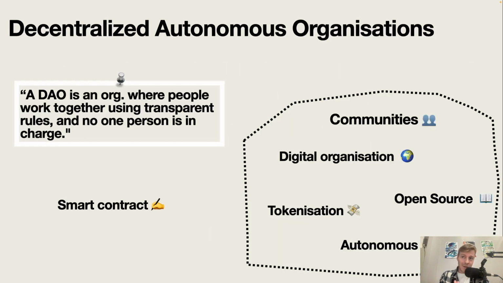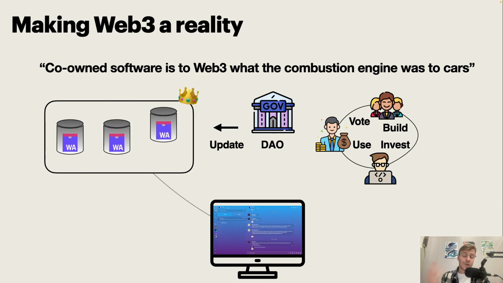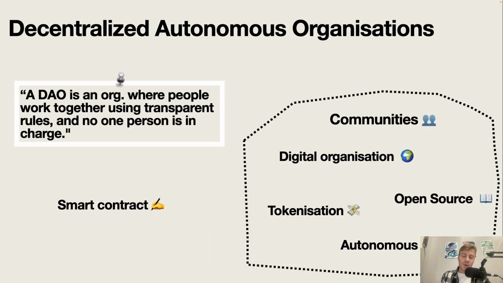Now let's talk about DAOs, because I've mentioned here that essentially those applications are controlled by DAOs, but what is a DAO exactly? There are a lot of different definitions. This one is pretty simple. A DAO is an organization where people work together, they use transparent rules, and no one is in charge. Essentially, they use smart contracts, blockchain, canisters, all those trustless technologies to organize themselves as a group.